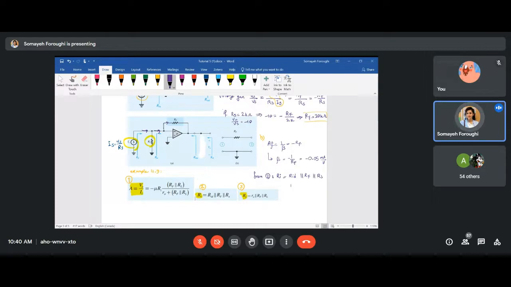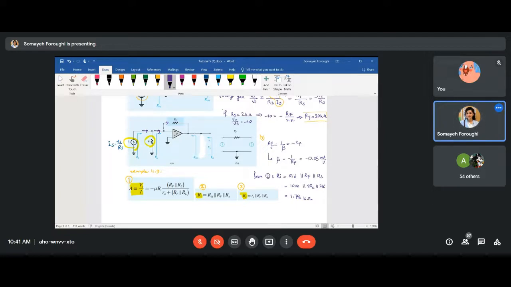So it's like 100K parallel with 2K, 20K parallel with 2K. If you calculate it, you see the parallel of the resistances will be pretty close to the smallest resistance, which is 2K. And if you find it accurately, you will find this much for your Ri. So this is your Ri. The question was asking to find Ri.